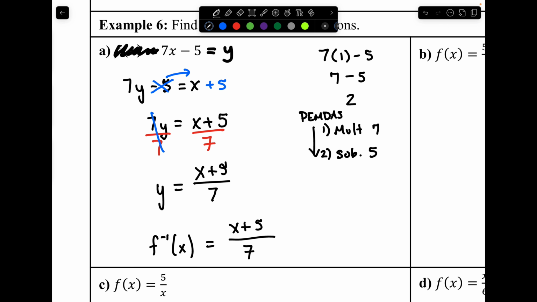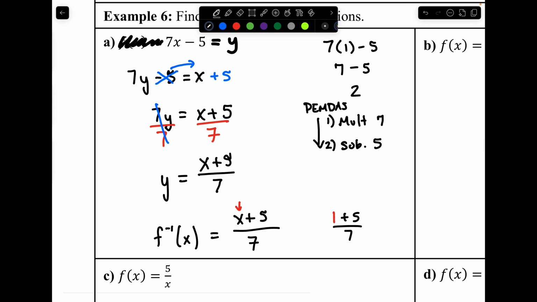Notice that the inverse is doing the opposite thing. If I was to plug in a number here, let's say again the number 1 for x, according to this order of operations, because it is in the numerator, I will add that number 1 with 5, and then that answer will be divided by 7. So I add 5, the answer is 6, and then I divide that number by 7.